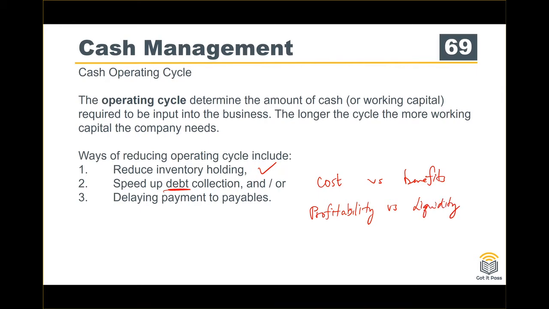It's a trade-off between profitability and liquidity in working capital management. So if you speed up the debt collection, you have to incur higher costs. It will affect your profits, because you would like to have better liquidity. And the last way to reduce the operating cycle is to delay payments to payables.